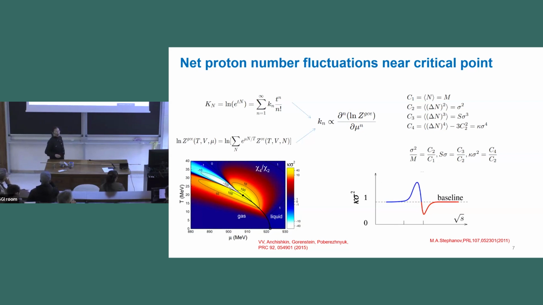This is my main topic. I will go there. So this is why we use hydro, right? But this part is still for equilibrium. I mean, from equilibrium, if you have this critical point, then you expect such kind of signature, right?